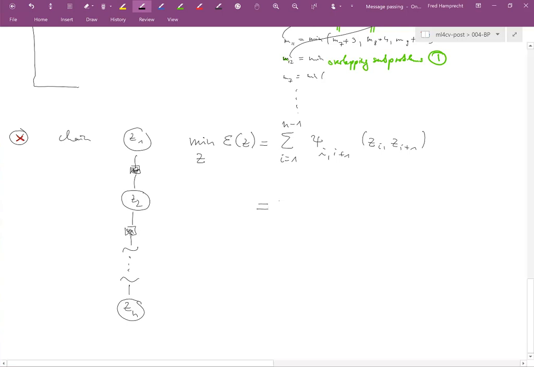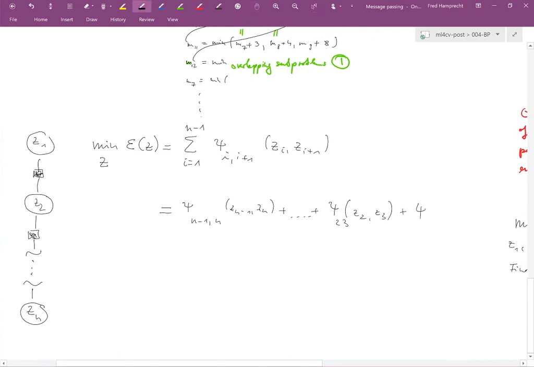Just to write it down explicitly, we have psi of n minus 1 and n, plus, and so on, plus psi of Z2, Z3, plus the potential of Z1, Z2.